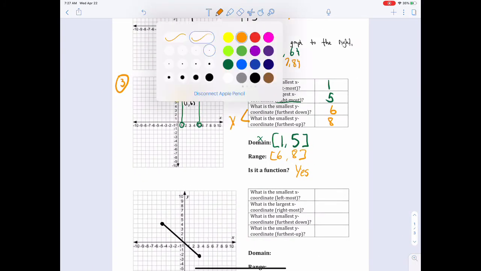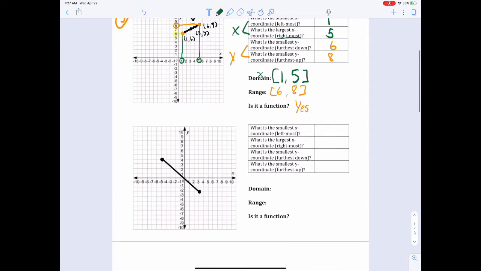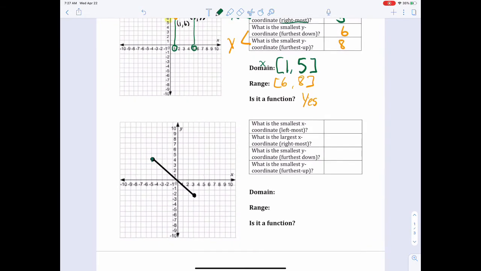Alright, I'll do one more with you guys. Actually, you guys pause the video and try this one, and then see if you get the right answer. Okay, so for the leftmost x point, it's right here, right? And that's an x coordinate of -5. The rightmost is right there. That's 3.